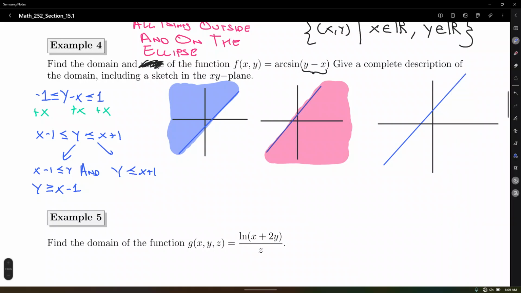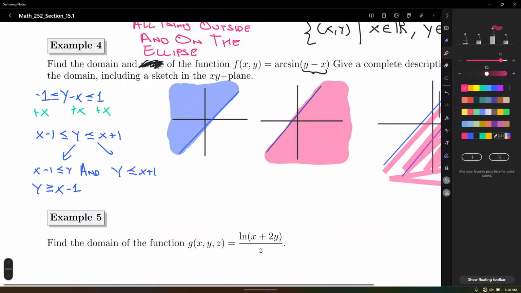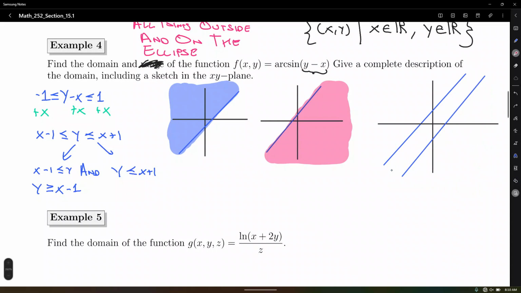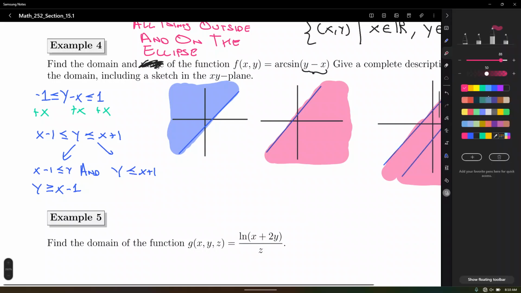And so again, graphing these two sets together, that means below the upper line and above, wait, what? Oh, I see why. So that is below the upper diagonal line, and above the lower diagonal line.